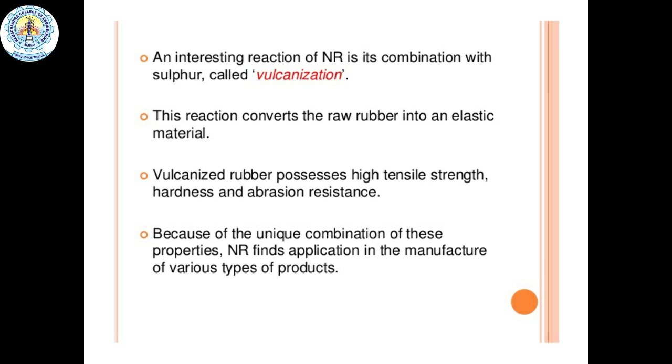So it is an interesting reaction in natural rubber preparation. This reaction converts the raw rubber into an elastic material. Vulcanized rubber possesses high tensile strength, and it gives hardness and also abrasion resistance to the rubber. Because of the unique combination of these properties, natural rubber is used in the manufacturing of various types of products.